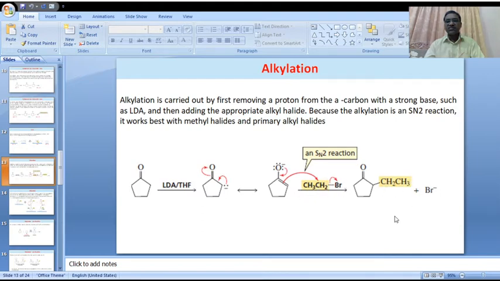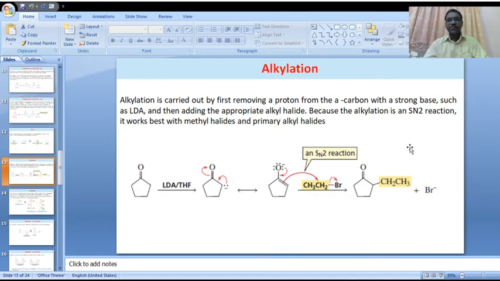Here there is loss of Br minus. This is the alpha substituted carbonyl compound. This process is alpha alkylation; the alpha substituted compound is obtained in this reaction.